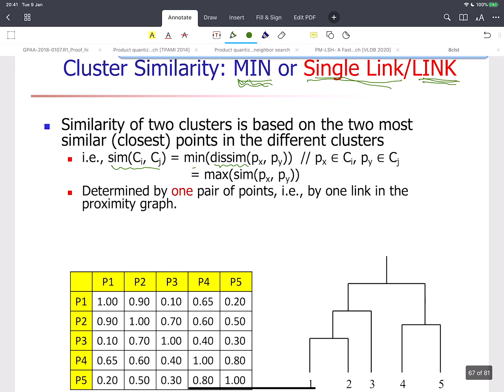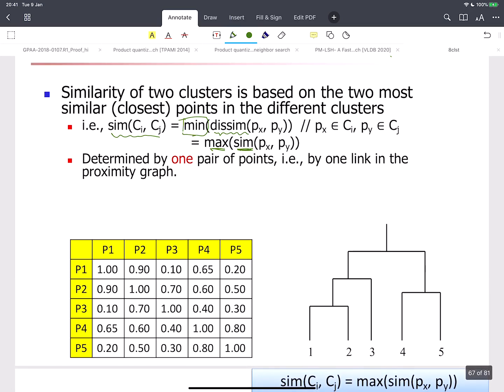That's why for distance you need to use min. But just in case I give you the similarity matrix, where the similarity between any two points is already defined, you need to use the max. You can easily reason it out.